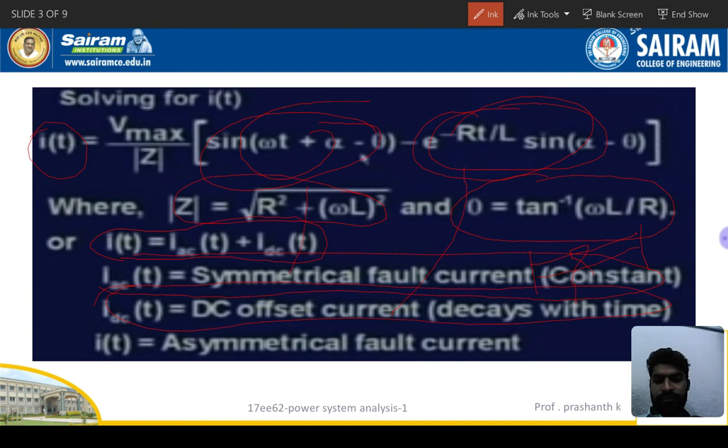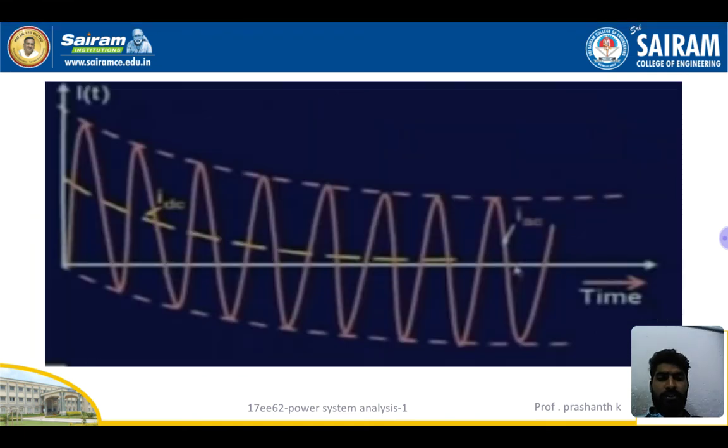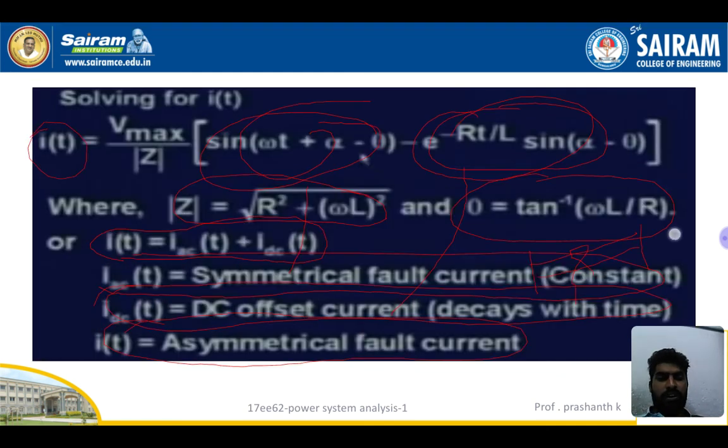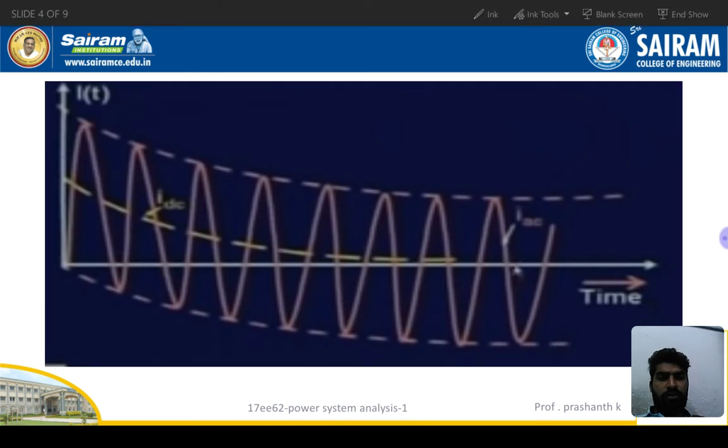So I(t) is the total symmetrical fault current. This is a waveform which I have seen already. This is the AC component, the positive will be more compared to the negative, and it will be slowly decaying.